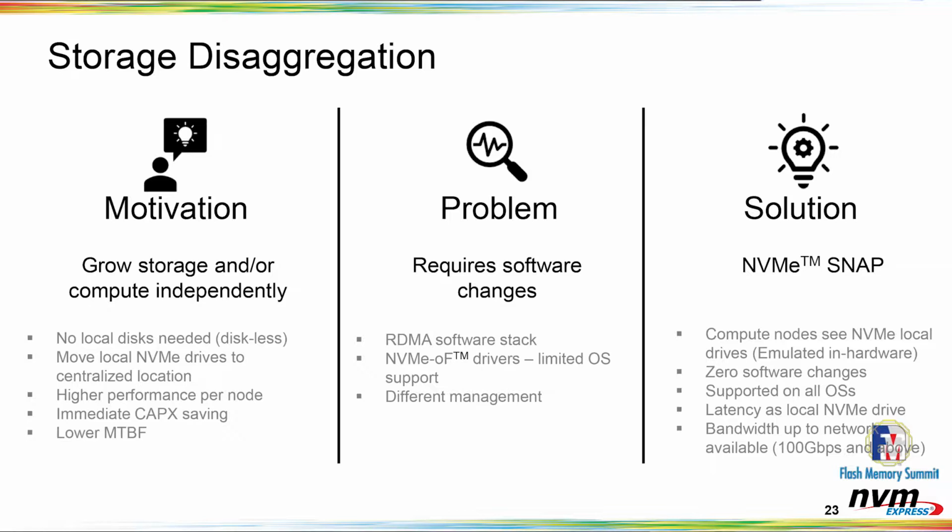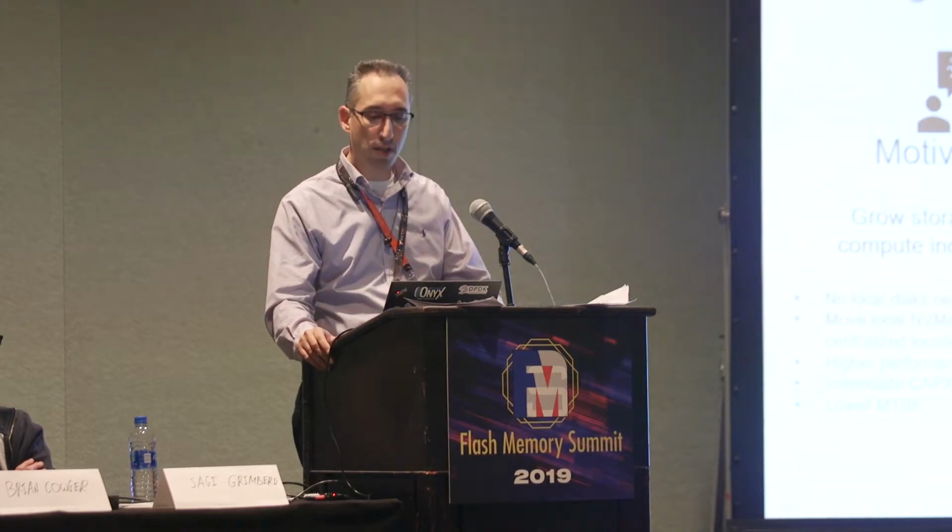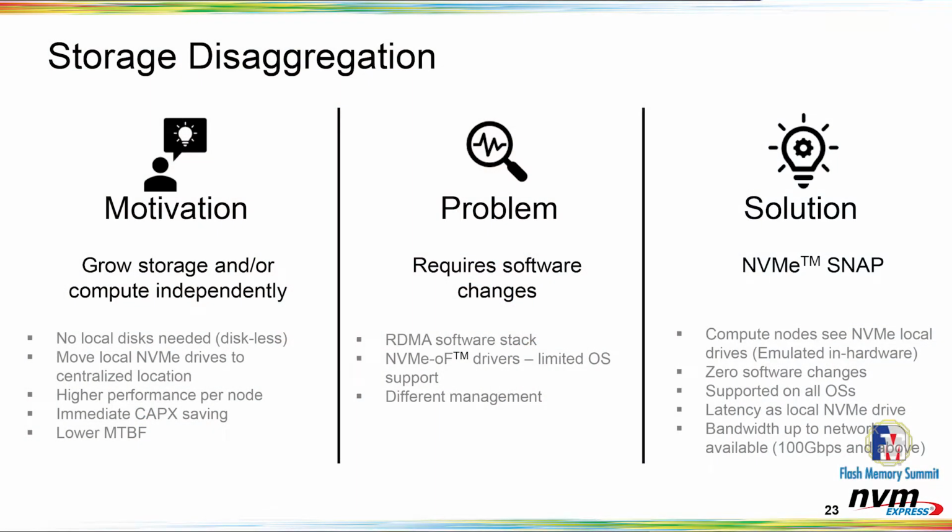The host sees local storage using standard NVMe drivers, and the adapter is implementing NVMe over Fabrics inside. It's implementing the connection to the remote storage behind the scenes. The host doesn't even know that the storage is not local. Hence, we are implementing zero software change on the host while doing NVMe over Fabrics on the fabric.